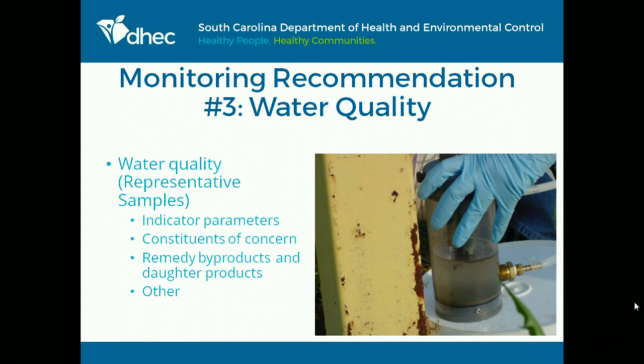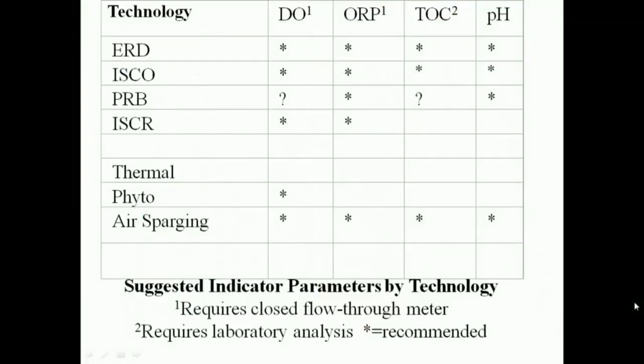Indicator parameters, constituents of concern, remedy byproducts, daughter products, and other. So this is another handout that you have that is part of the decision tree, which is indicator parameters that are recommended for different technologies. I have highlighted the ones that really need a closed flow-through meter, the DO and ORP.